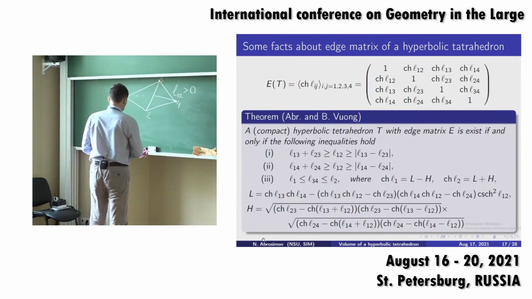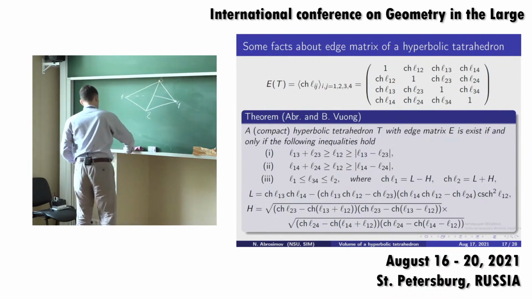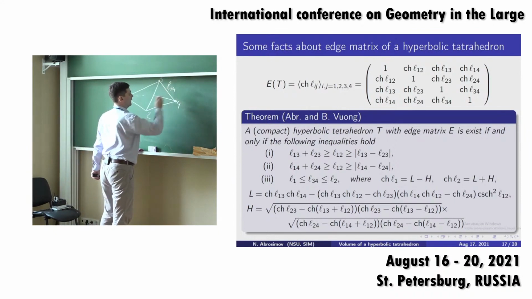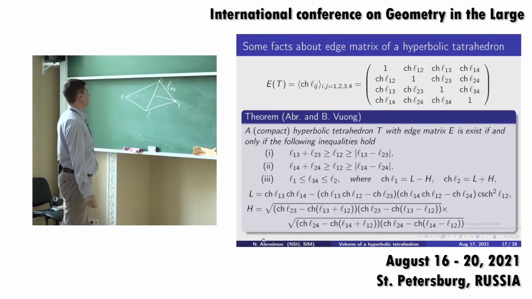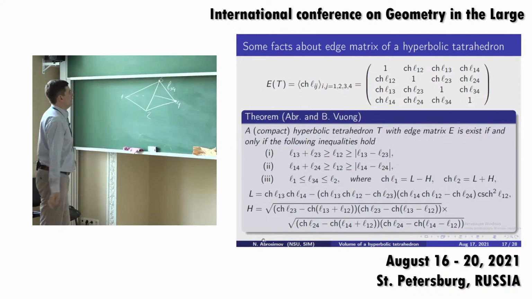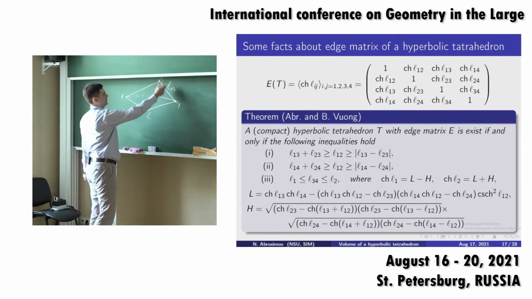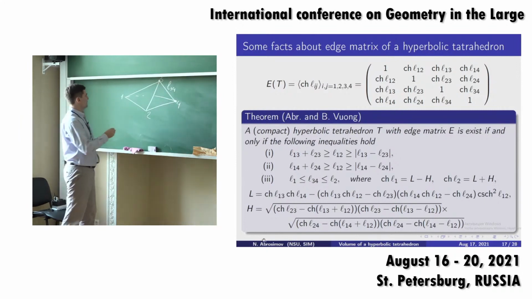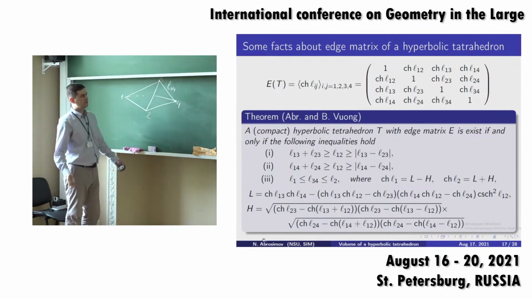And the last distance, named L34, cannot be chosen arbitrarily as we want. We have some limitations. So the shortest possible distance between these two vertices, 3 and 4, is attained when the diagonal angle along the edge 1, 2 is equal to 0.